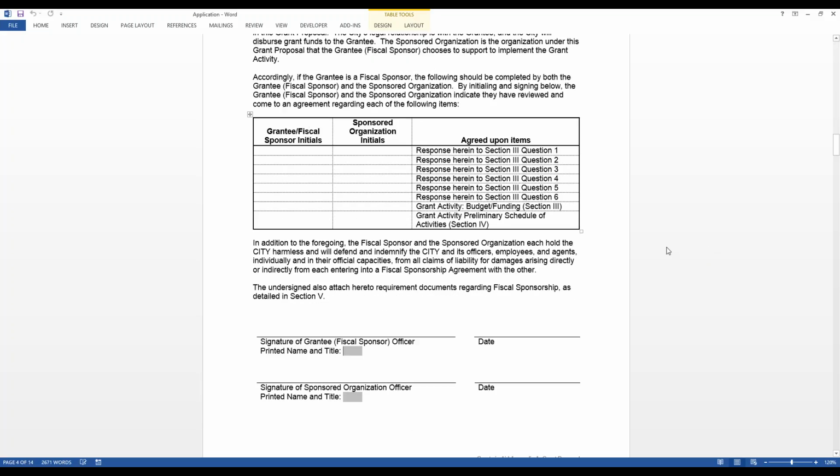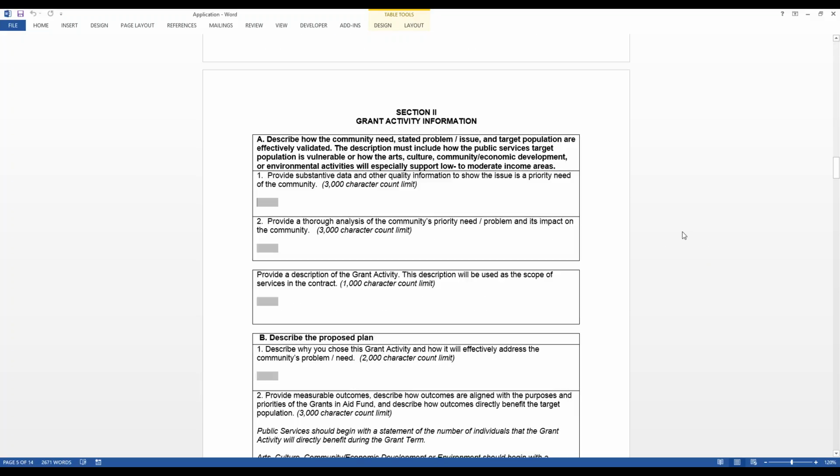So now we got to section 2, detailed questions about your grant activity. People usually ask for feedback on how they can improve their applications.